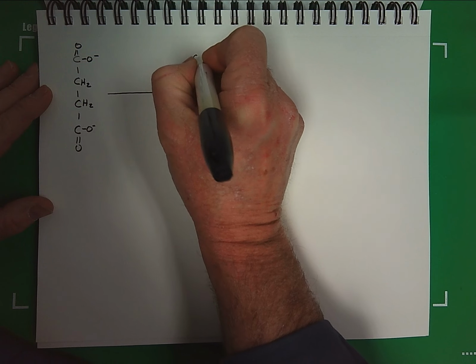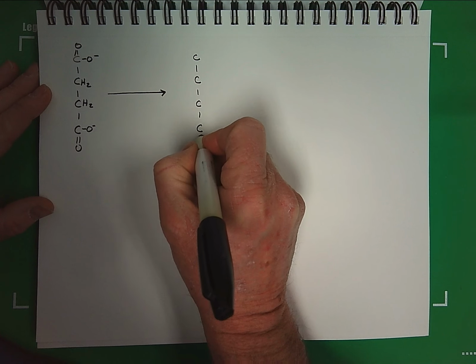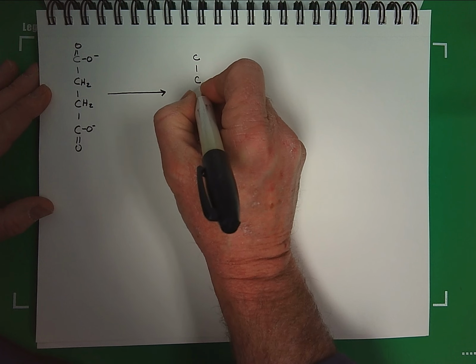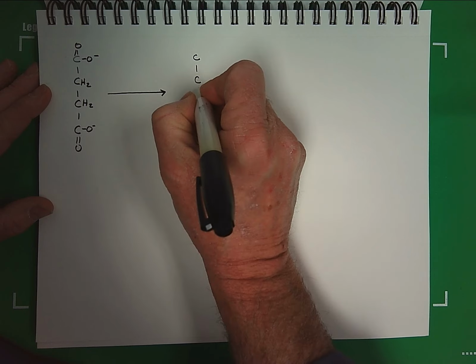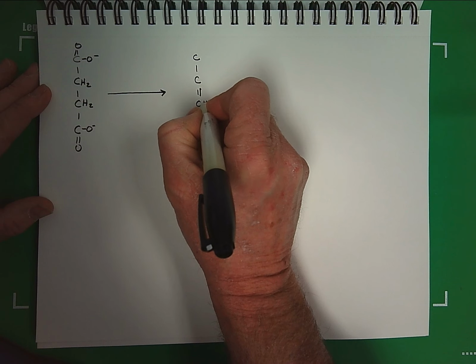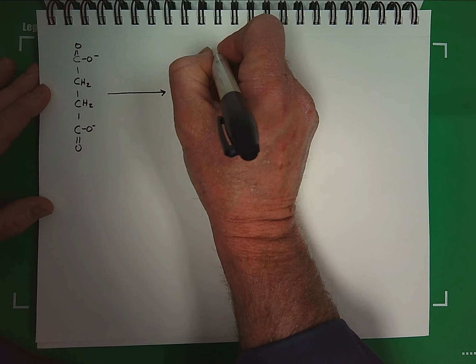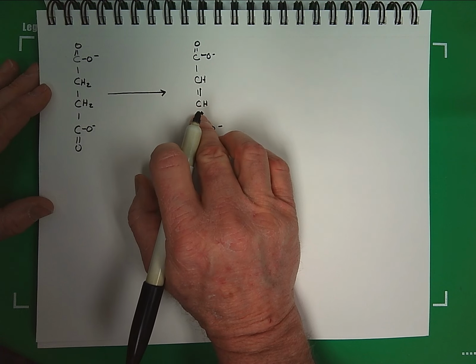And we are going to be generating a double bonded carbon in the center.